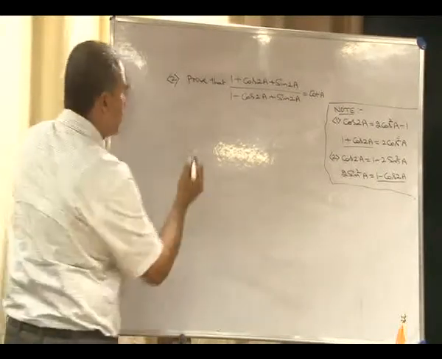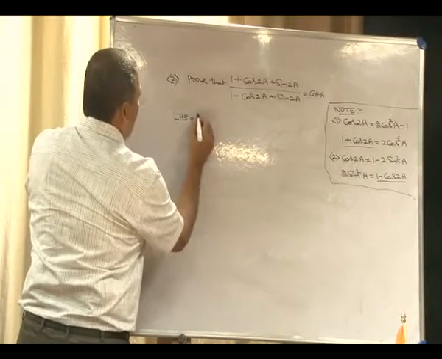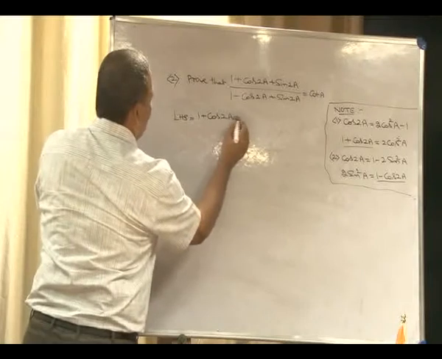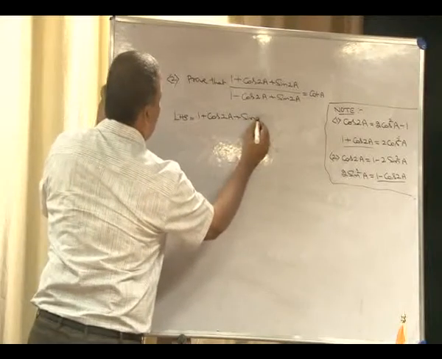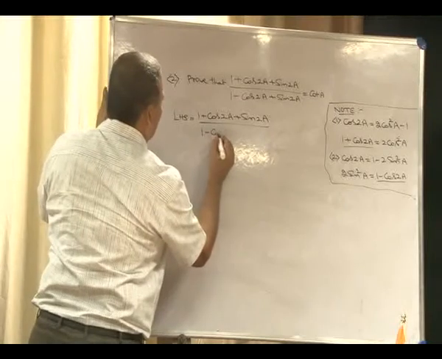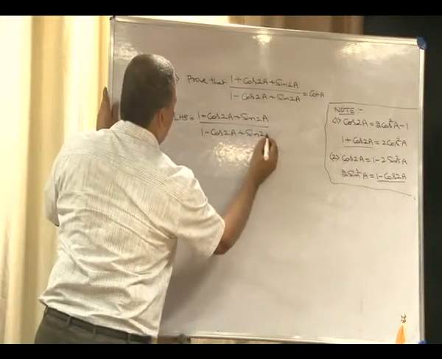LHS equals 1 plus cos 2a plus sin 2a by 1 minus cos 2a plus sin 2a.